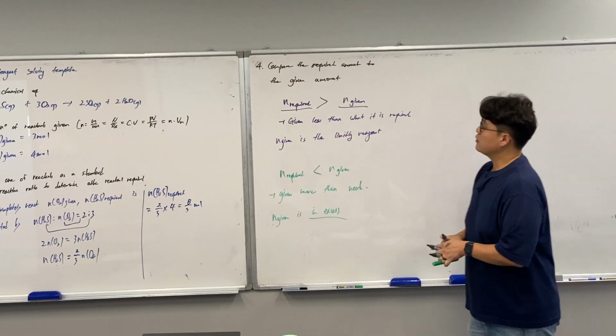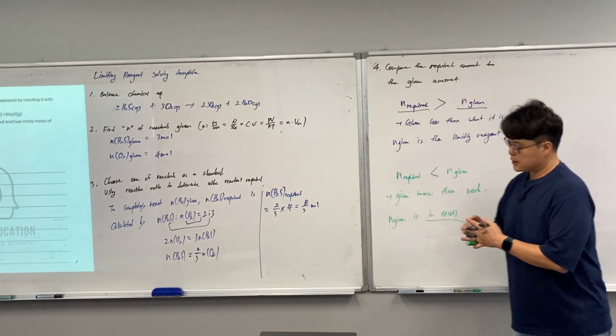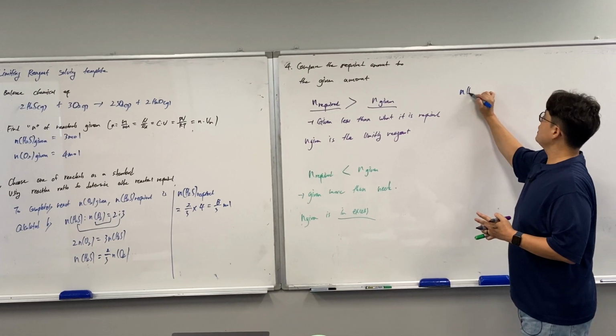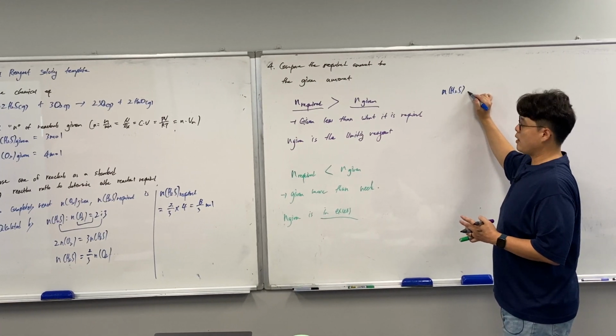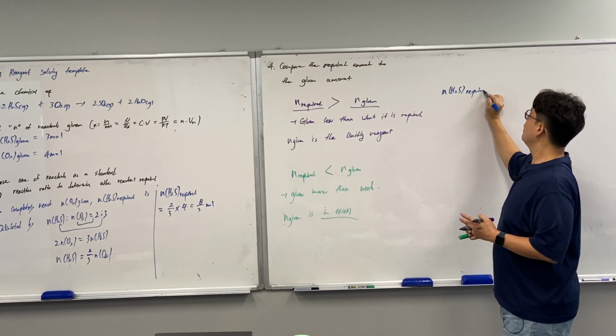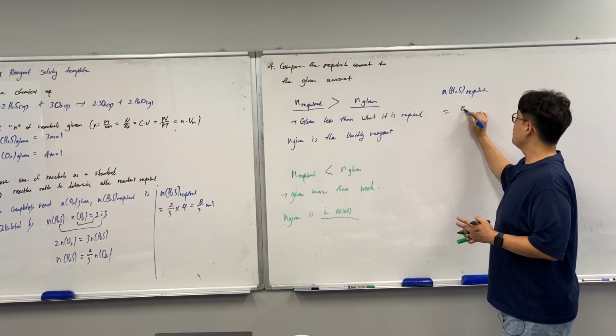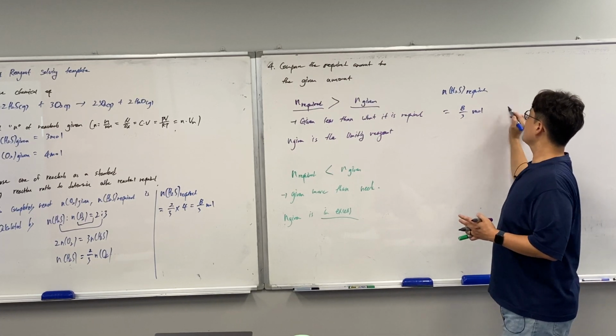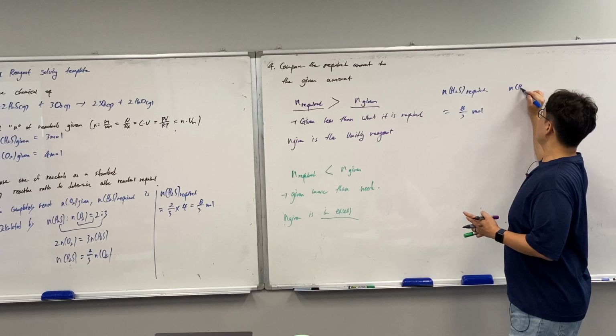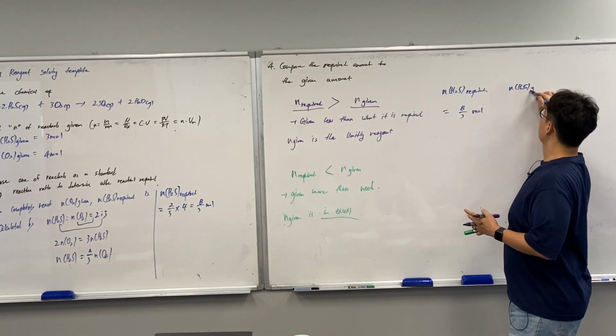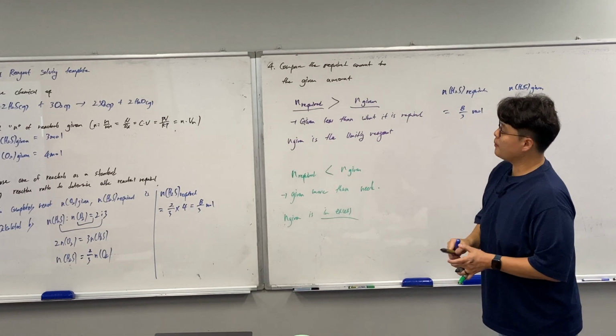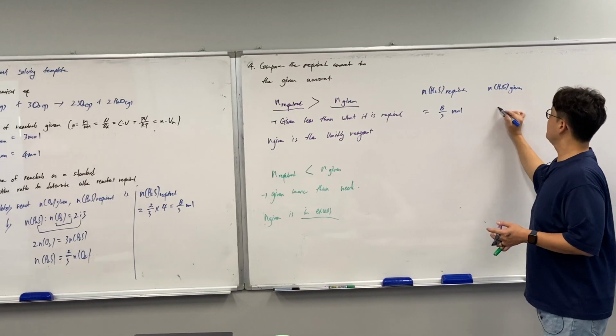So using that, the n of the H2S required is 8/3 mole. Compare that to the n of the H2S given, you're given an amount of 3 moles.